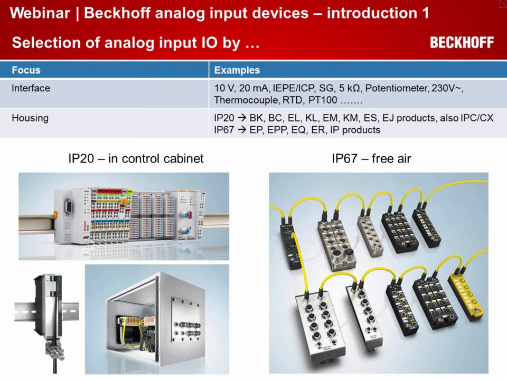And the other point can be Beckhoff products are also available in IP67 when you have to mount the analog input or output device directly on the structure of your application, of your machine.